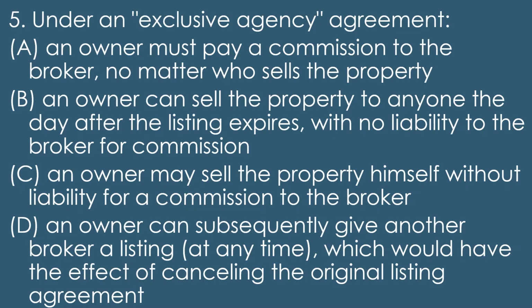This could be true for any type of agreement as long as the broker protection clause is not in there. The owner can sell the property to anyone with no liability to the broker for commission. It's not necessarily saying which agreement this is, because that's not really the best explanation of an exclusive agency agreement.